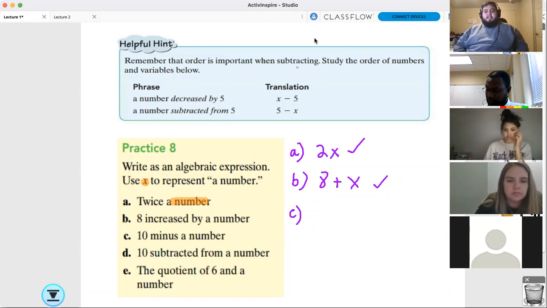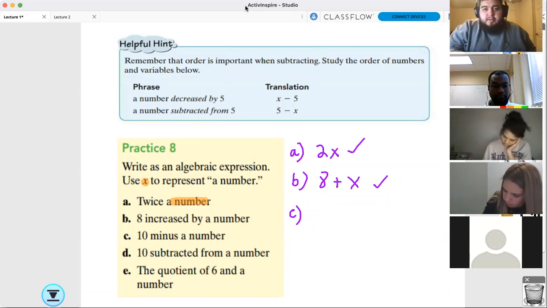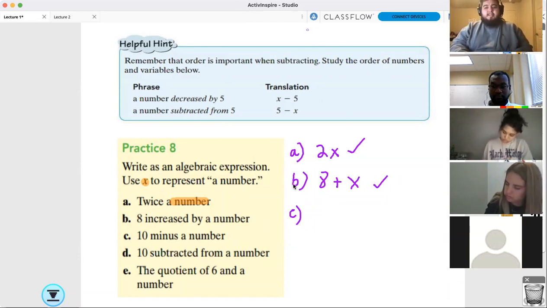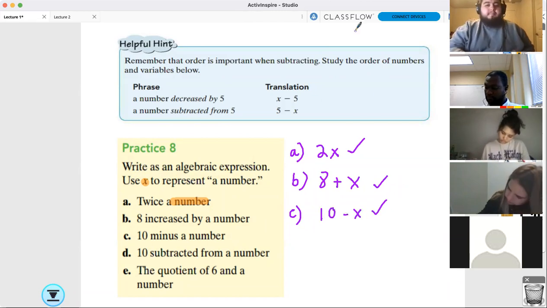What's 10 minus a number? Remember, it's a practice problem, so you guys have to say it. So I see 10 minus x. Excellent, guys. So if you said 10 minus x, you are correct.